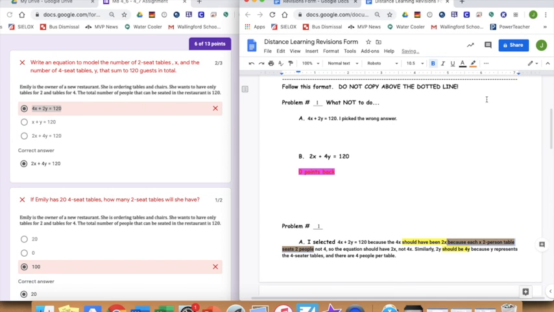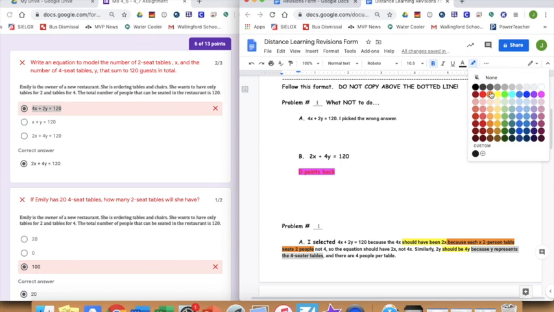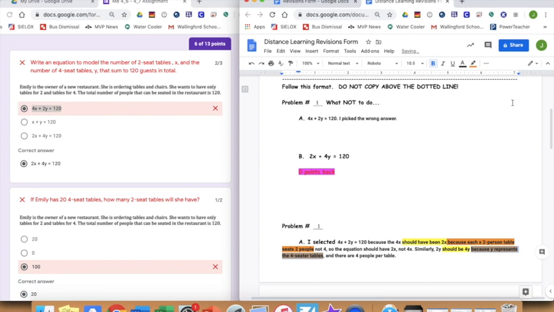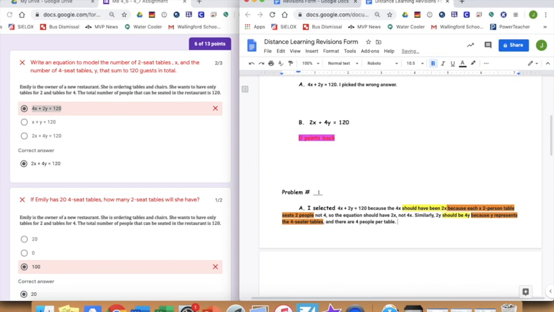That's another good part of it. And because each y represents 4-seater tables, you do not have to go through and highlight this stuff. I'm just kind of trying to highlight the finer points, the important parts of the explanation. If for some reason you guys still don't want to write an entire sentence, get the important points across.